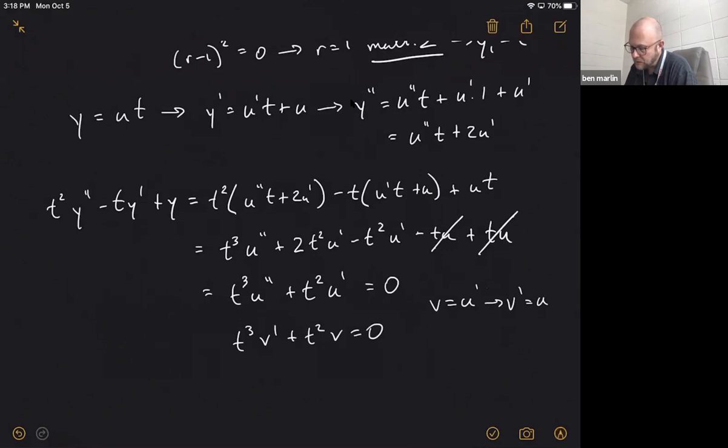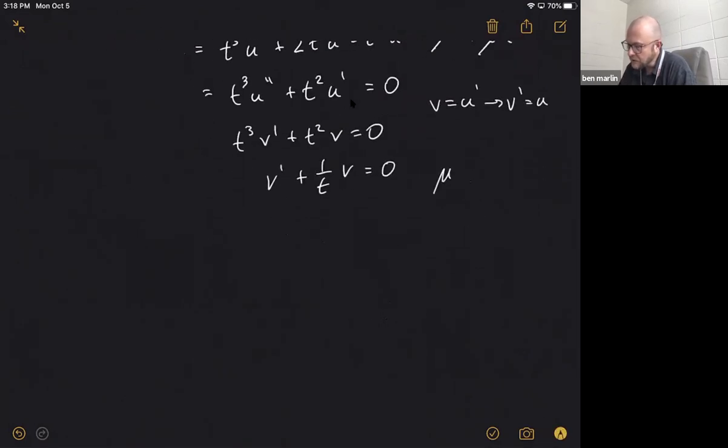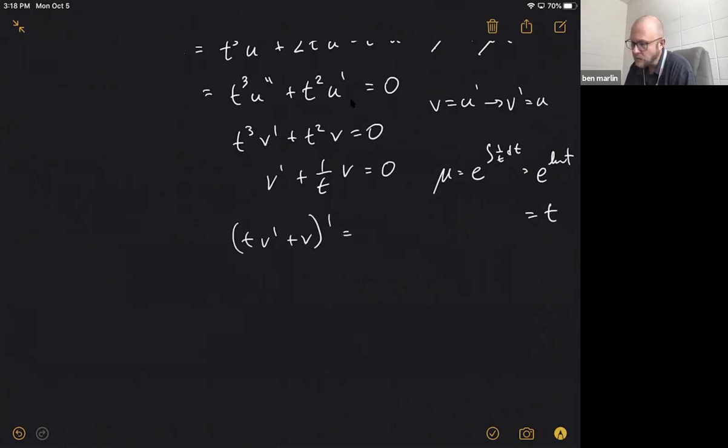We divide out, and we have v prime plus 1 over t v equals 0. We're going to have to do our integrating factor. That's e to the integral 1 over t dt, e to the ln t, which is just t. So we'll have t v prime plus v quantity prime equals 0 times t, which is just 0.